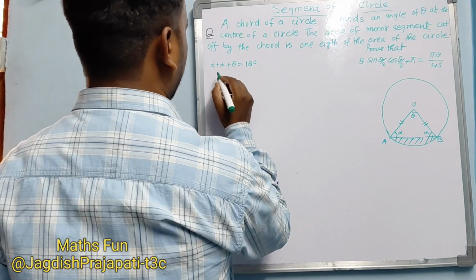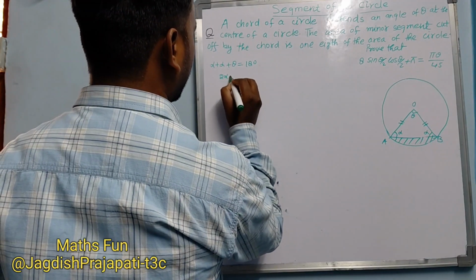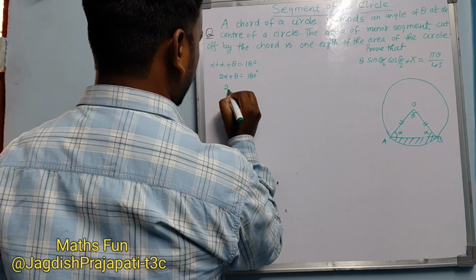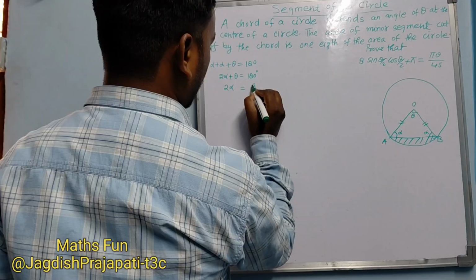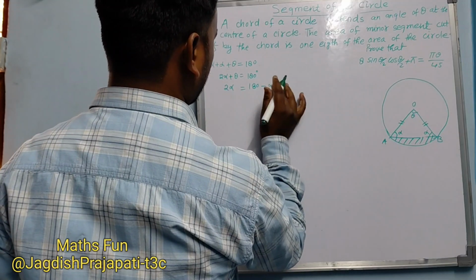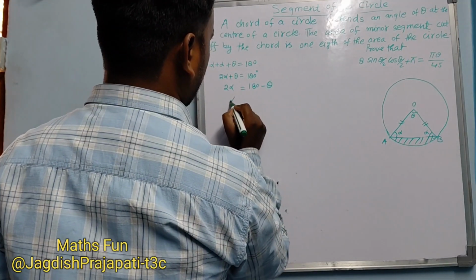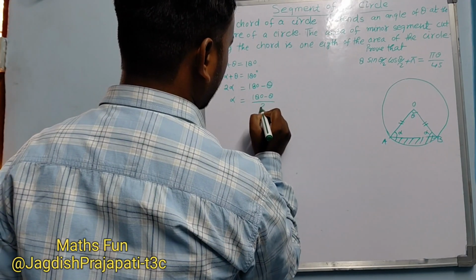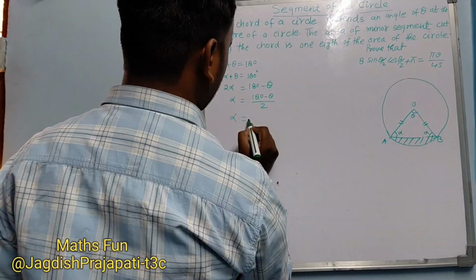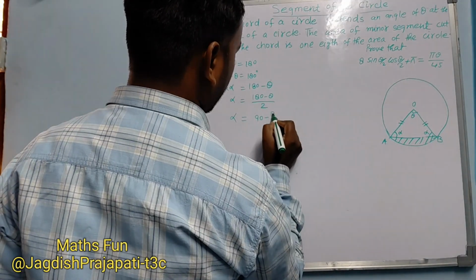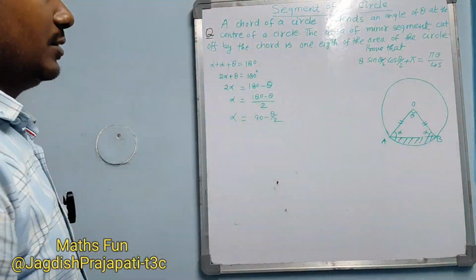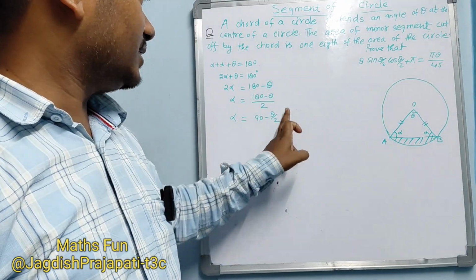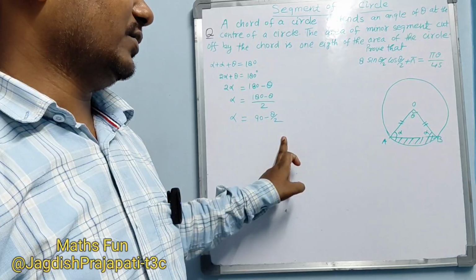Then 2 alpha plus theta equal to 180 degree, or 2 alpha equal to 180 degree minus theta, or alpha equal to 180 degree minus theta by 2. So alpha will be 90 minus theta by 2. So now we know this angle alpha equals 90 minus theta by 2.